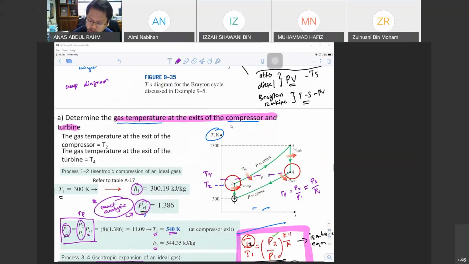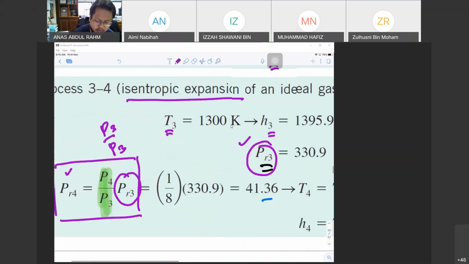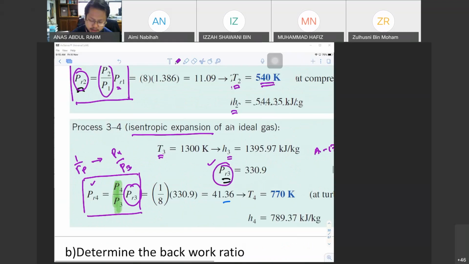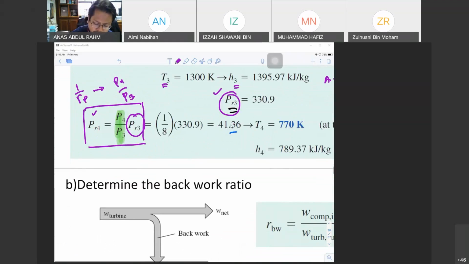Now, what we have over here is P4 divided by P3. So, instead of rp, you have 1 over rp right now. Okay, so that's why you have 1 over rp, 1 over 8. rp was given. This is from before, from table.